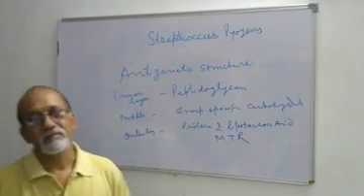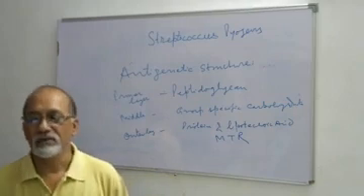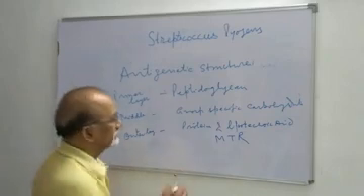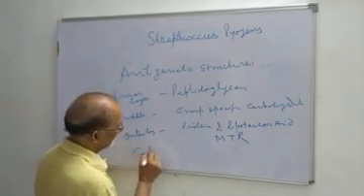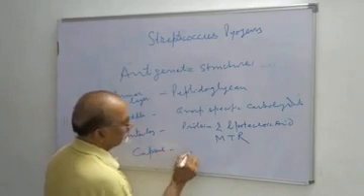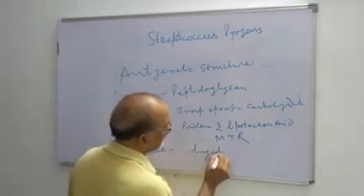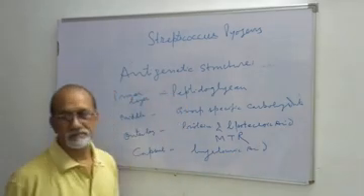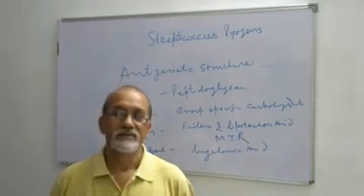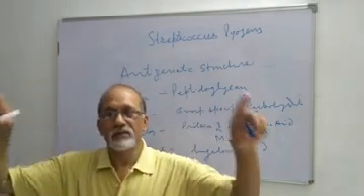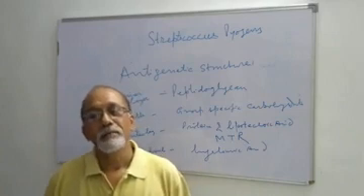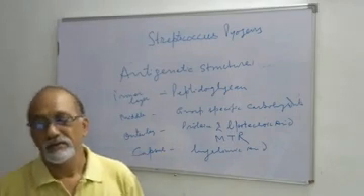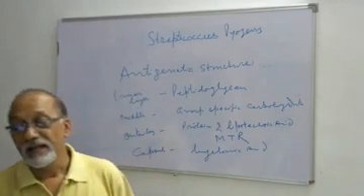And in some streptococci you will find the capsule, which is composed of hyaluronic acid. The capsule is made up of hyaluronic acid. And on the capsule covering, you will find the villi, which are covered with lipoteichoic acid.